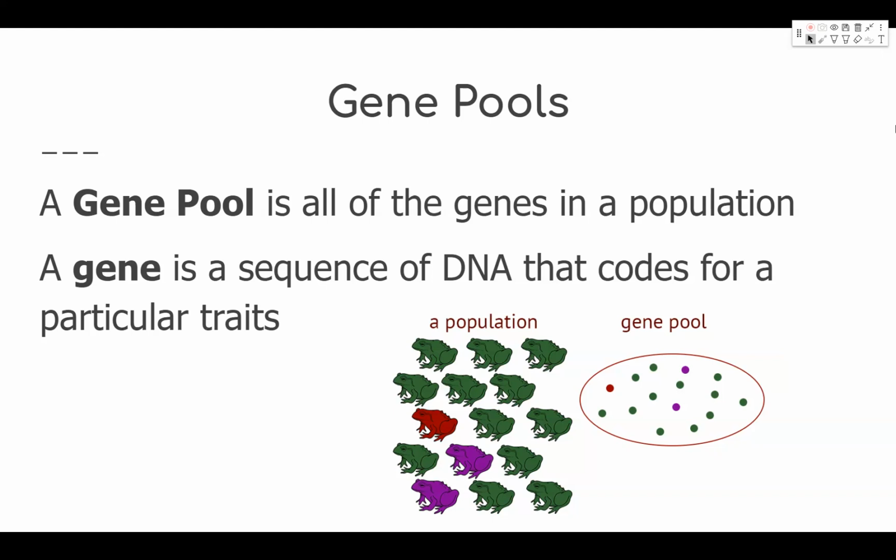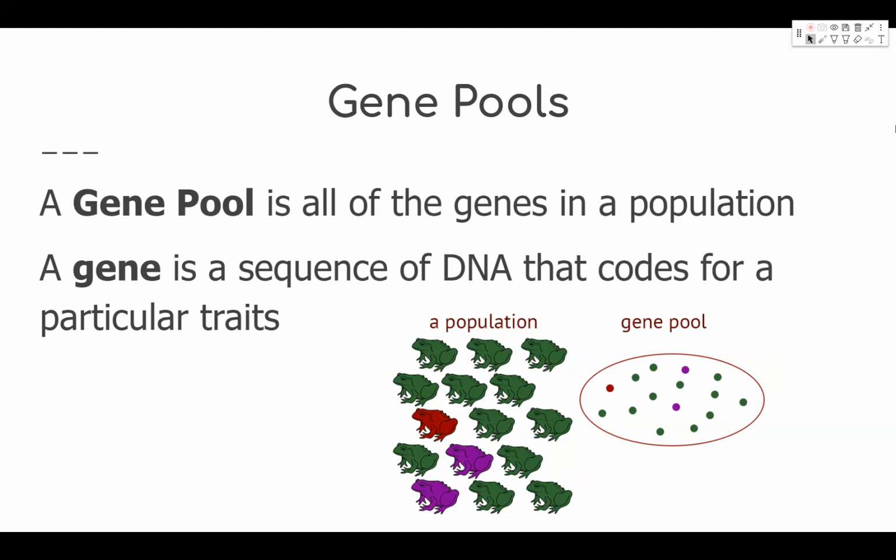If you've taken a biology course, you probably know a little bit more about what these genes are. The term allele might ring a bell, but that's a little bit out of the scope of our environmental science understanding. What we need to know is that all of these genes are sequences of DNA.